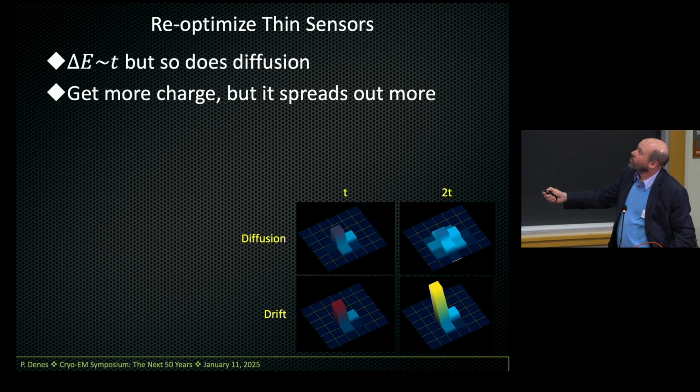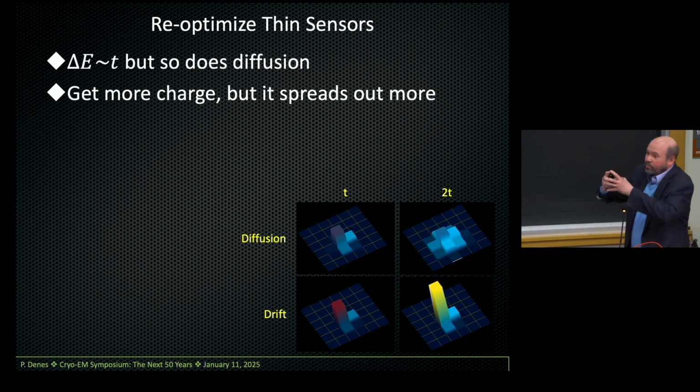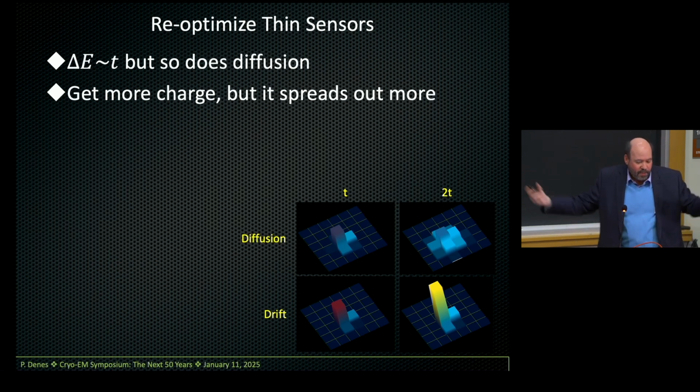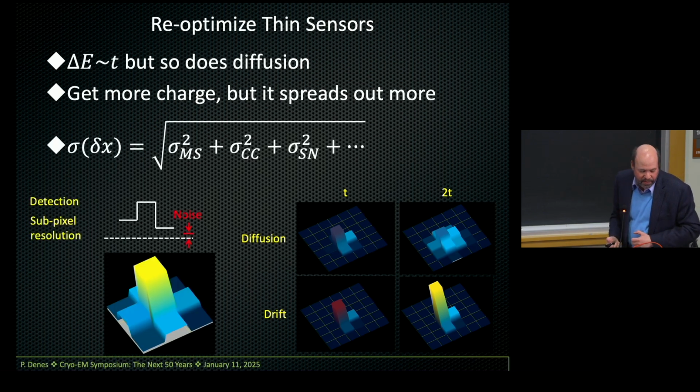At the moment, although the amount of energy we get goes like the thickness, the problem is the diffusion does as well. And if you make a sensor that collects by diffusion thicker, you end up often losing faster because, yes, you get more signal, but it diffuses over a larger volume. Whereas if you collect charge by drift, you just get more signal.